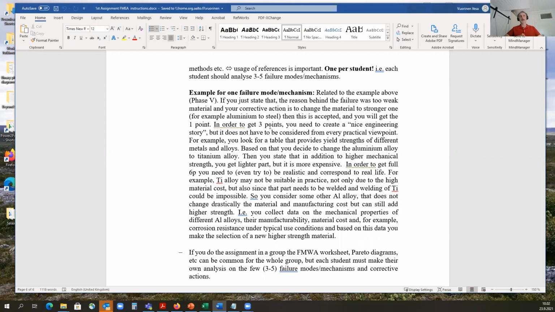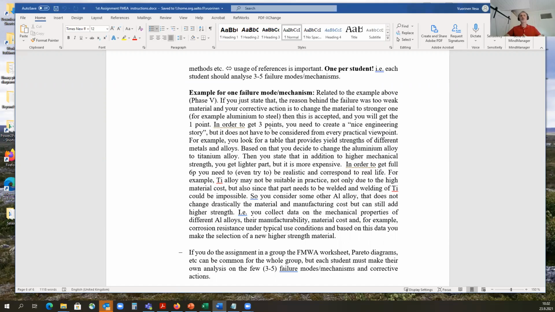How would it affect the cost, and so on? So an engineering story, but not completely realistic. For example, you don't need to consider all the different types of titanium alloys and how they could be welded and so on.